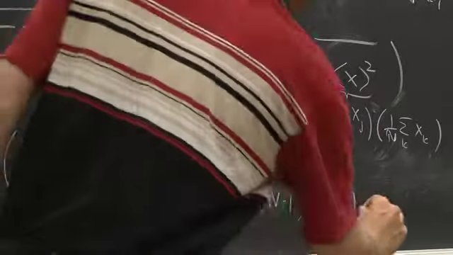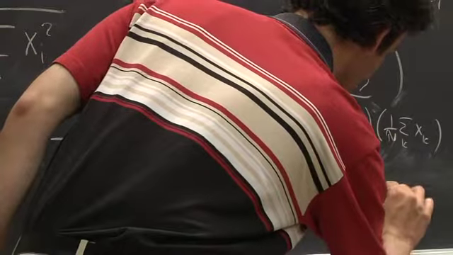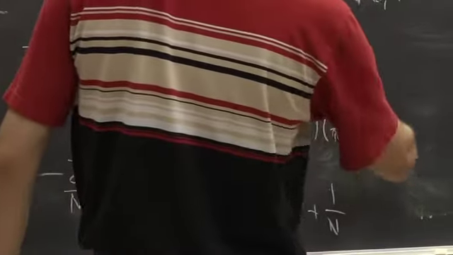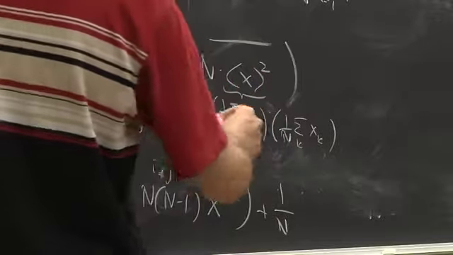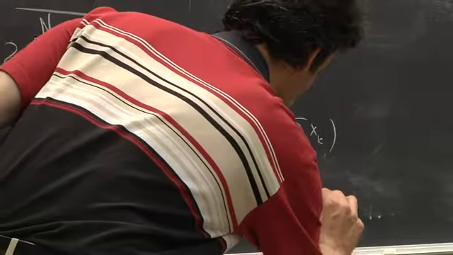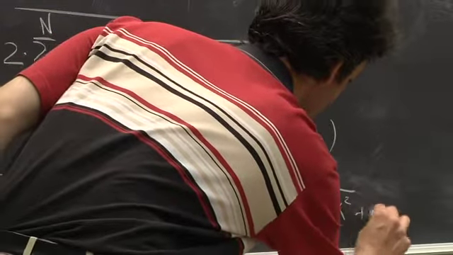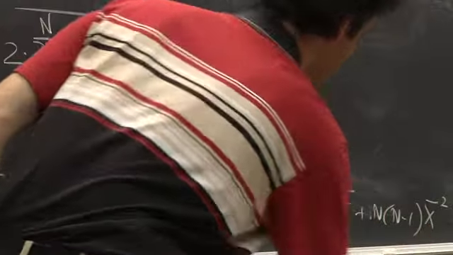Okay, then this term, this is n times 1 over n, 1 over n. So this is 1 over n. And then again, I have an average over such a sum of xj, xk averaged. And that gives again n times an x squared average plus n times n minus 1 x average squared.